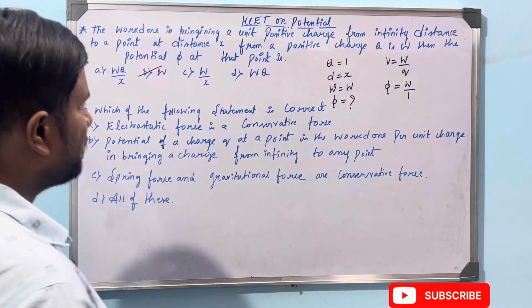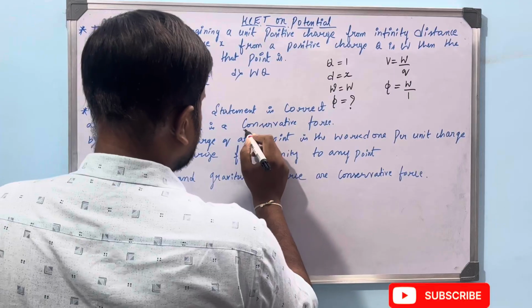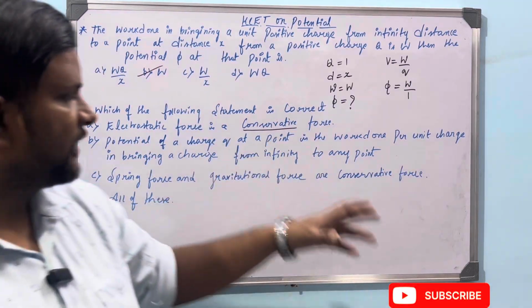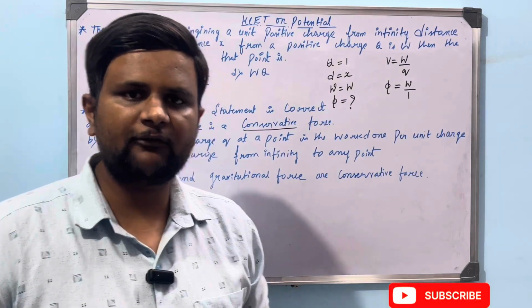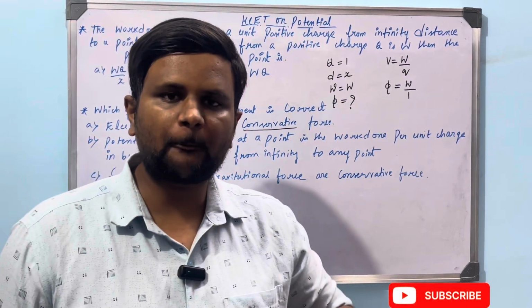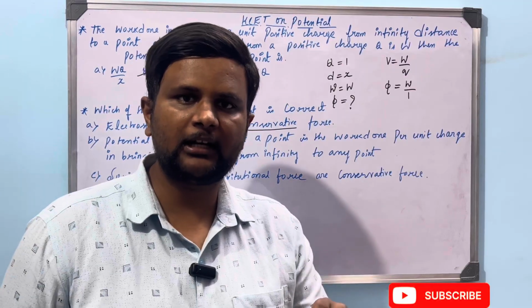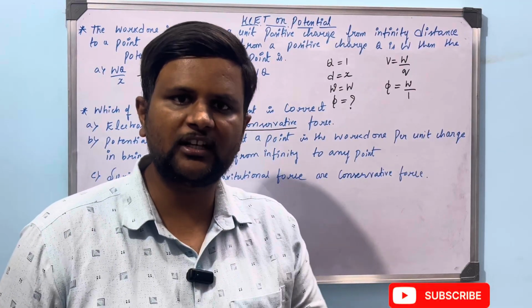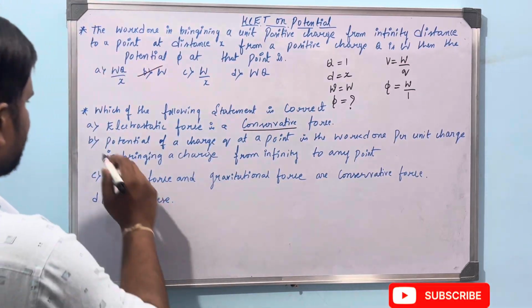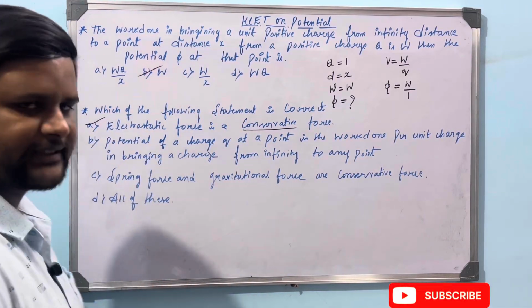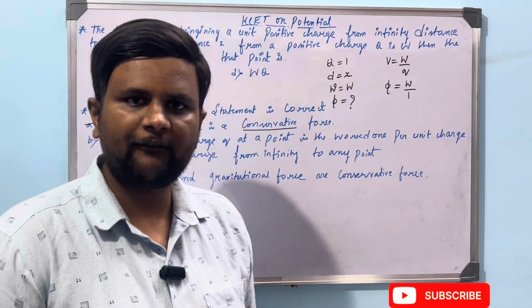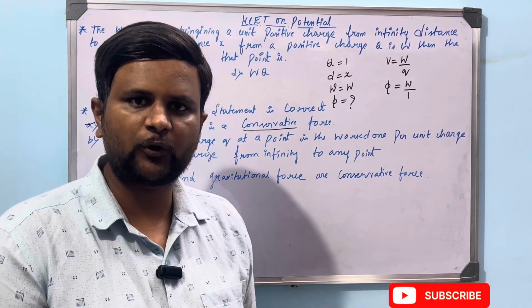Before answering, first understand the meaning of conservative force. A conservative force is a force which does not depend upon the path followed; it depends only upon the initial and final positions. Electrostatic force is a conservative force because it is given by F is equal to 1 by 4 pi epsilon q1 q2 by r square.